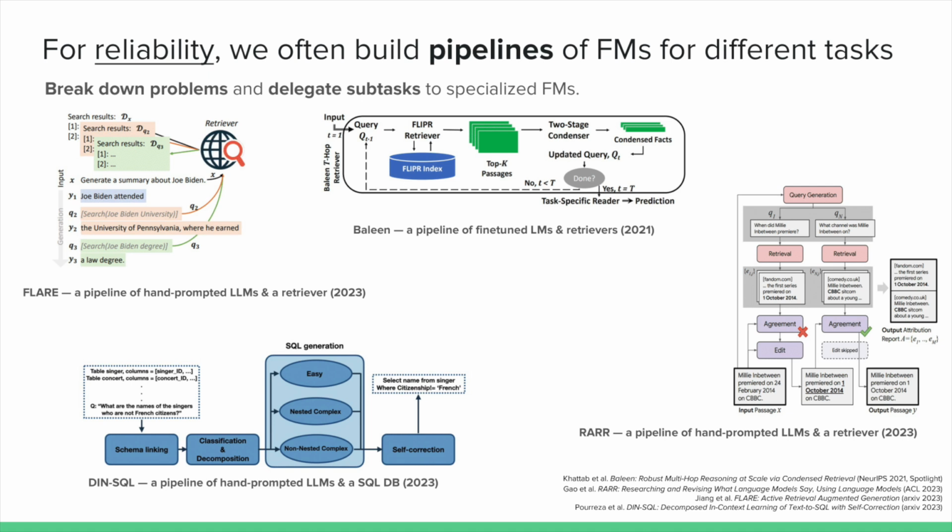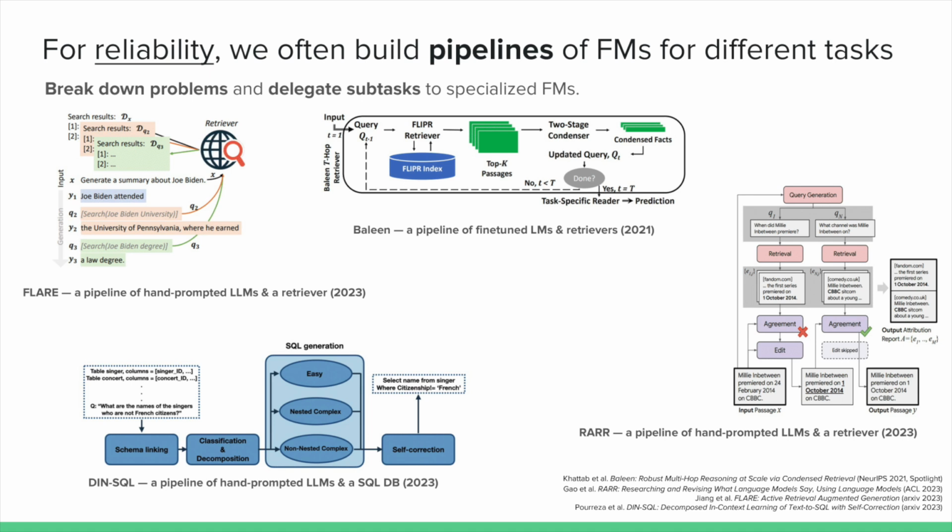So currently, these tasks are solved using domain-specific pipelines. Some examples of this are FLARE. The study introduced FLARE, a retrieval augmented generation method that actively determines when and what to retrieve during text generation, using predicted upcoming content as a query to gather relevant information. And you have DIN-SQL, which offers a blend of hand-prompted LLMs combined with a SQL database for text-to-SQL.